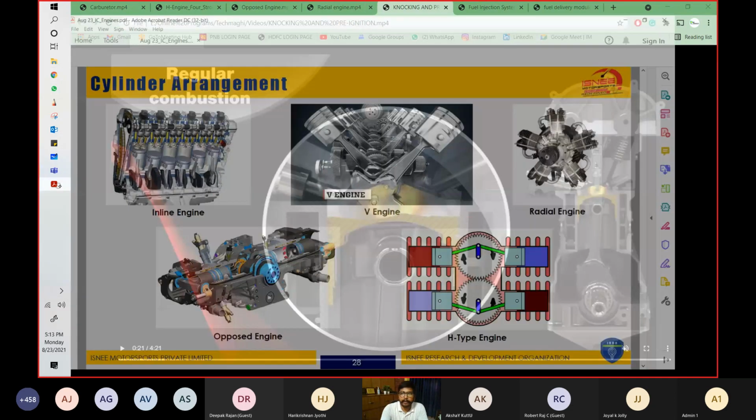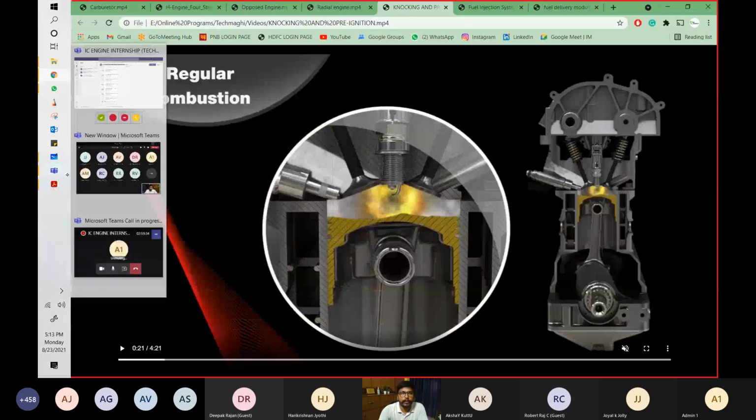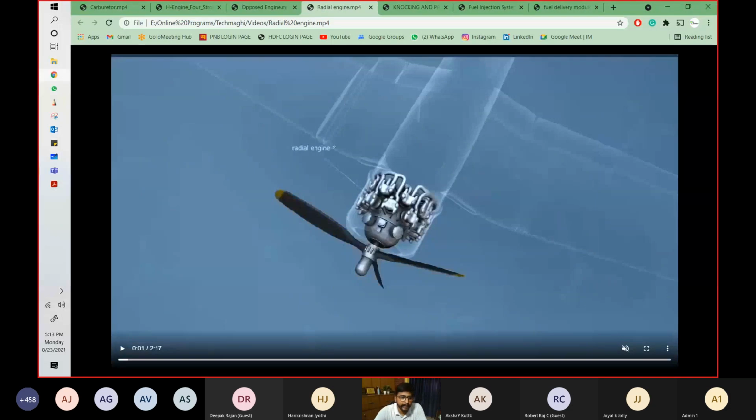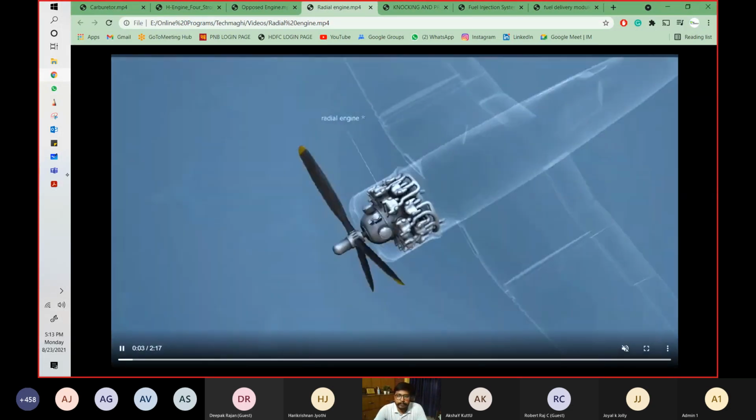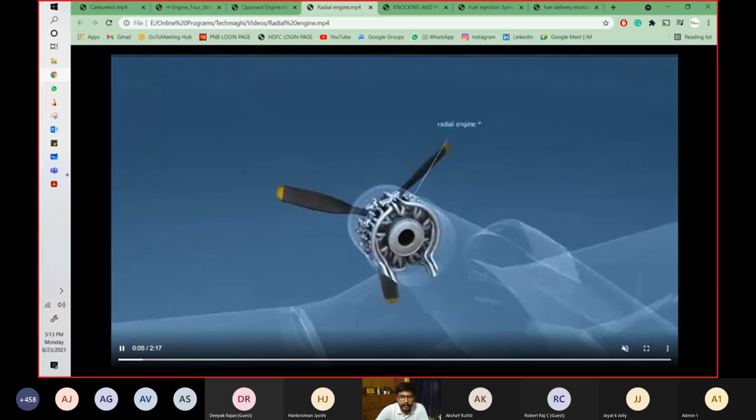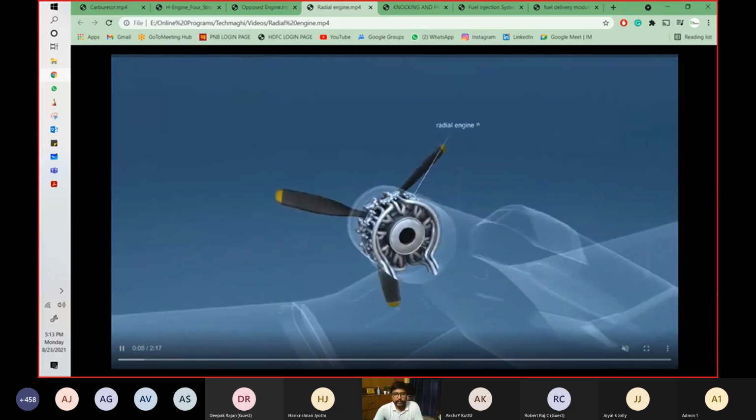Then we have the radial engine. Mostly radial engines are used in aircraft. So this is an aircraft which has the radial engine, and you see this is how the radial engine works.